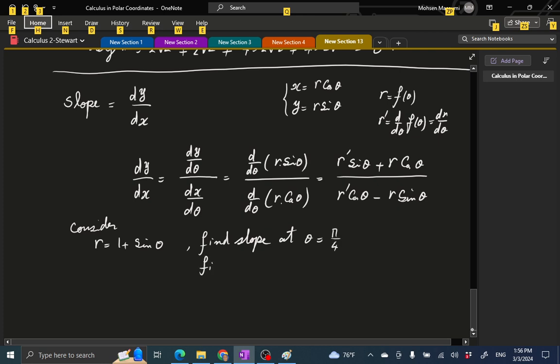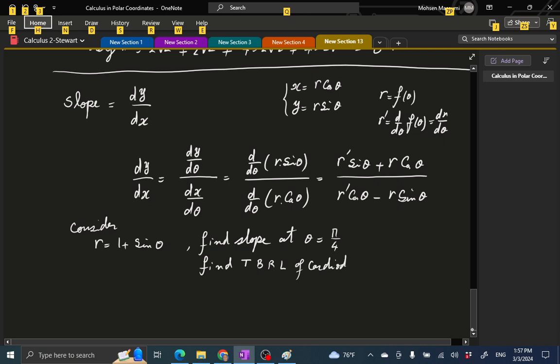Also find the top and bottom, right and left of the cardioid.